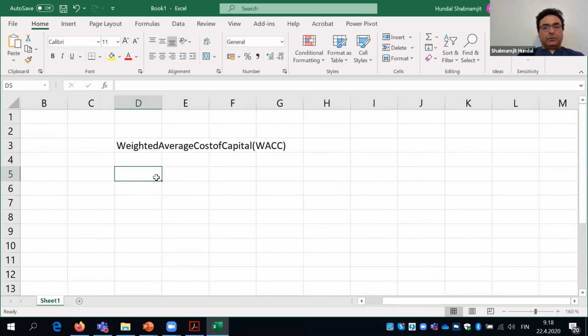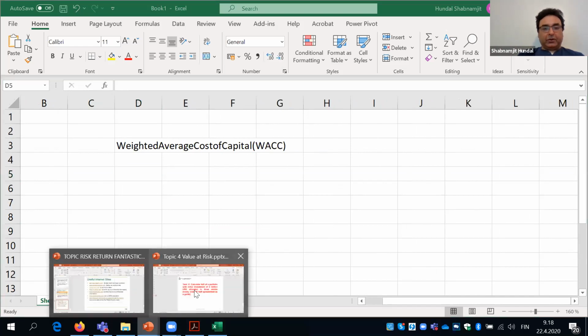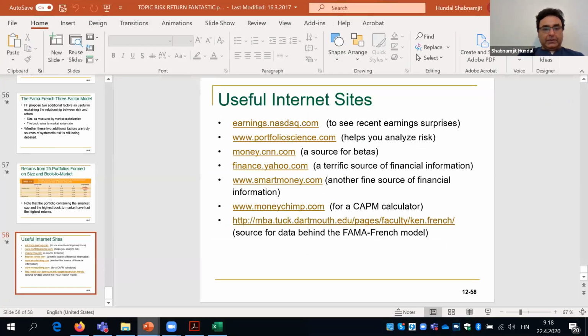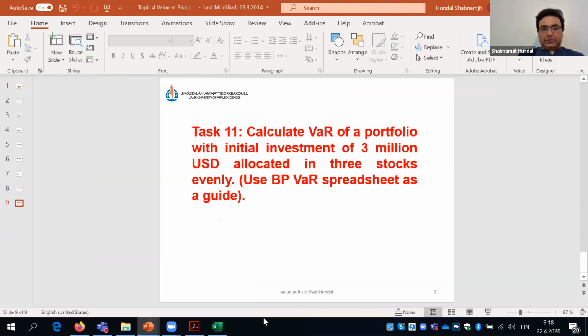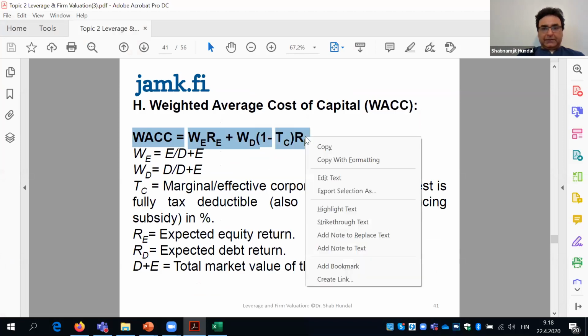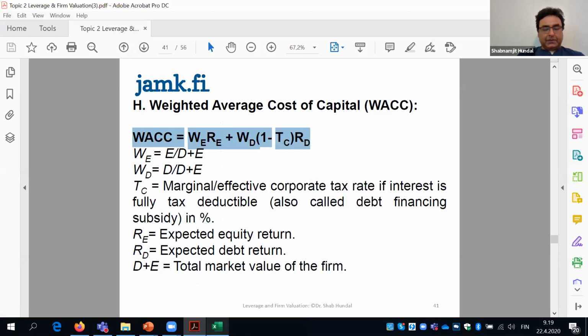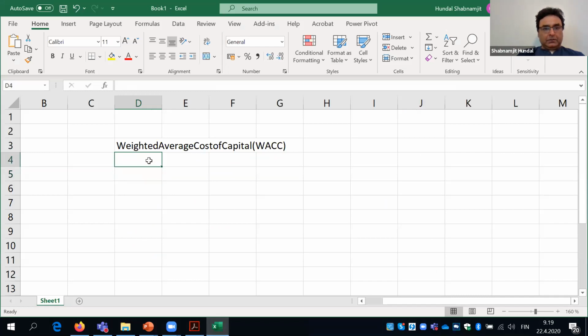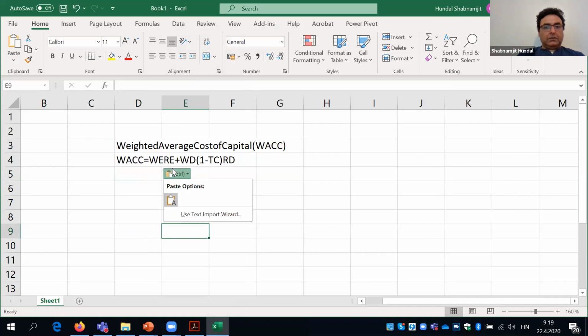Now, the formula of weighted average cost of capital, if I can copy, is this. Let me see if it sticks there. No, it looks very clumsy actually.